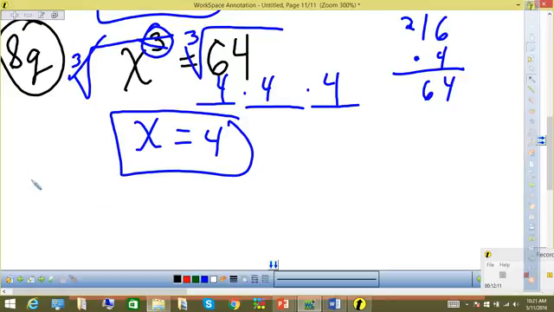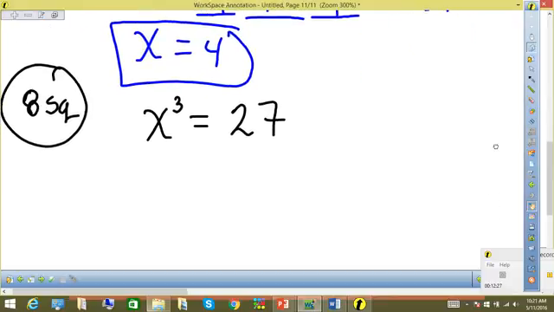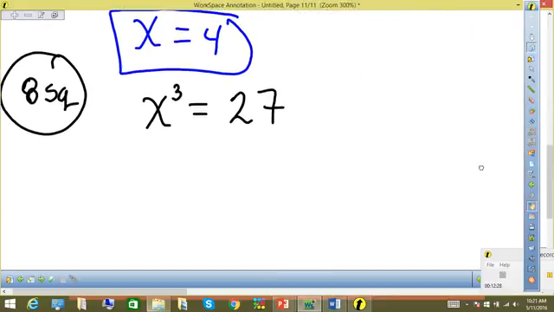Here we go. Let's do number 8, x cubed equals 27. Don't say it out loud. Keep it to yourself. Let people think.